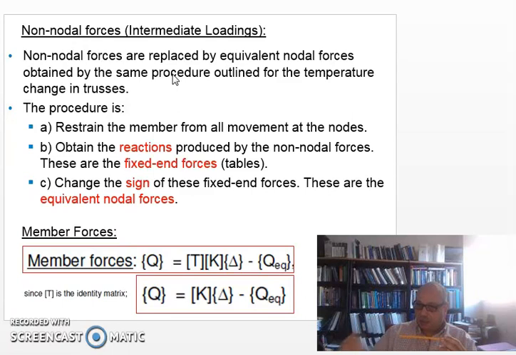So ultimately the goal is that we come to F equals K times D, but we add to it another Q equivalent for the effect of this fixed end force. I'm going to explain that in a little bit.